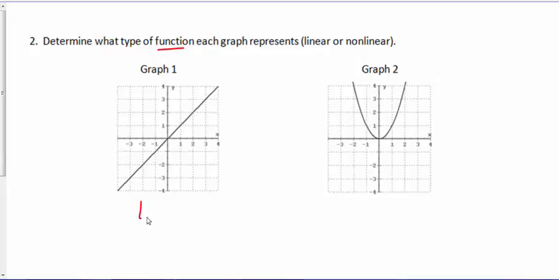So this one is linear. And then this one, you can tell that it passes the vertical line test as you move it from left to right, but it's not a straight line, so therefore this is nonlinear.